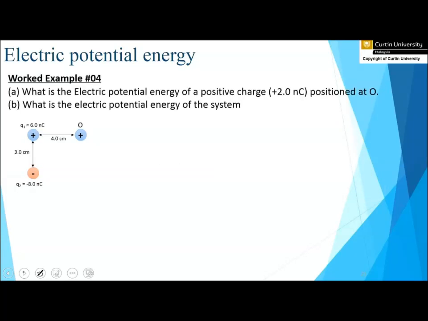Okay, so now let's try the example. Same orientation as your previous example. Now you have to look for the potential energy of this charge placed at position O. Let's denote it as QO. Still remember, potential energy is given by K Q1 Q2 divided by R, correct?